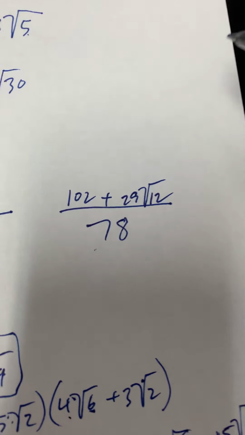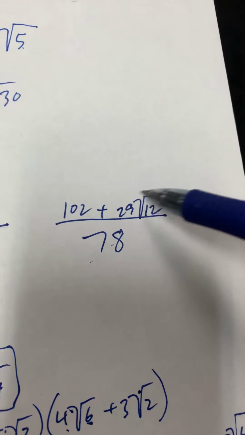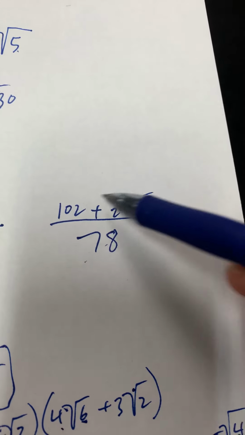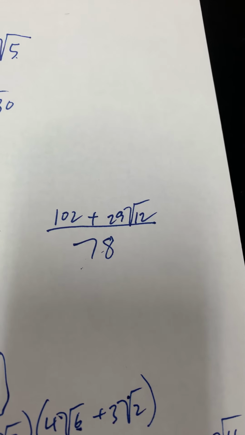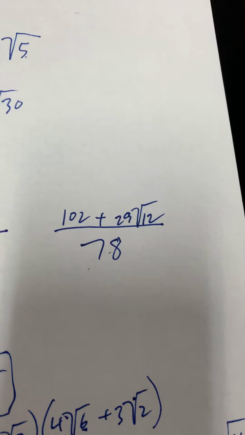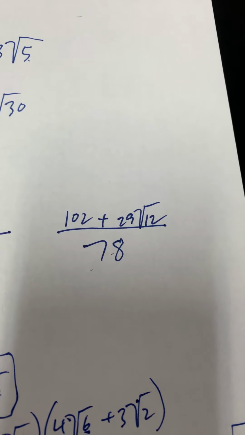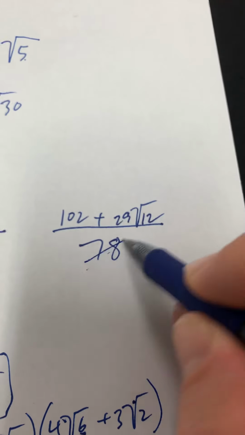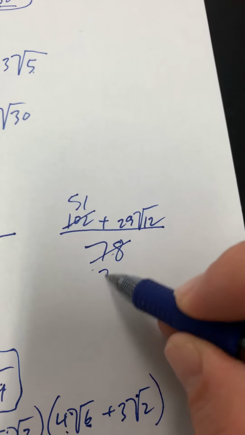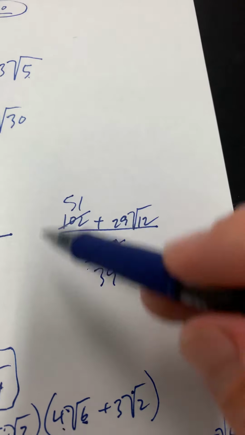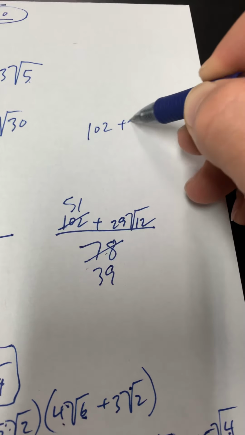I'm a little bit conflicted about that because I've always been taught that you can't do any canceling unless there's nothing but multiplication going on up here. Okay, but if we want to go along with what Ignitia did, maybe I'm misinformed on that. But if you do, then this becomes 51, this becomes 39. Okay, so this is actually the answer in Ignitia.